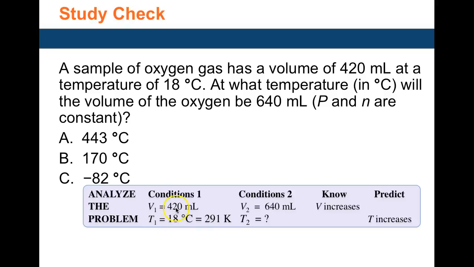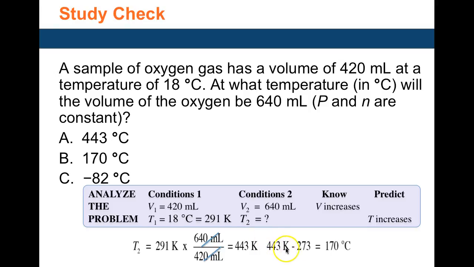So it's opposites, 420 times T2 is equal to 740 times 291. So 740 times 291 divided by 420 should give you the answer in Kelvin, and then subtract 273. So you get 443, and subtract the 273, and you get 170 degrees centigrade.